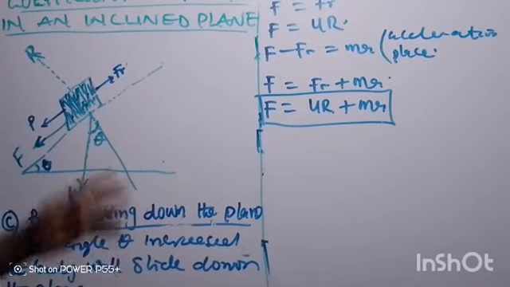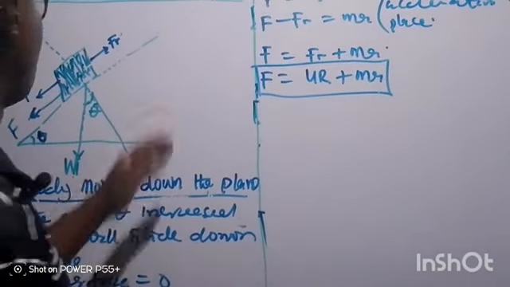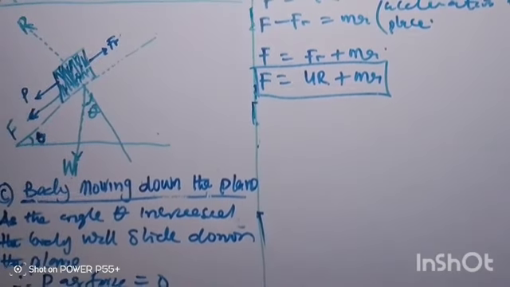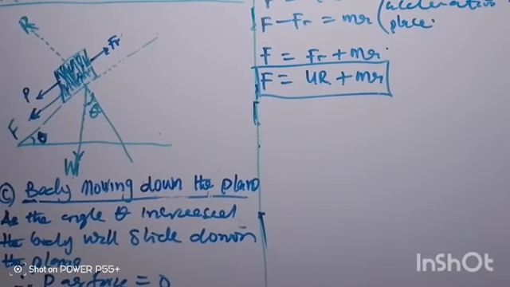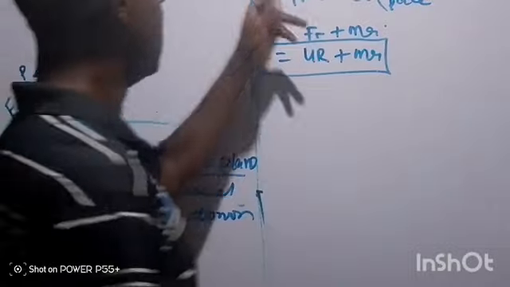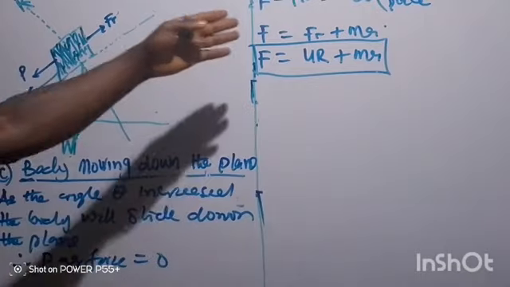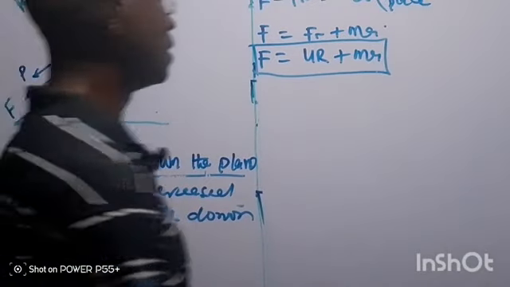As I said in the first instance, when the body is in equilibrium, then we have the horizontal parallel force and the normal reaction force. When the body is moving up, we have the possible equation which we've done already, and when the body is moving down, then we have this equation.